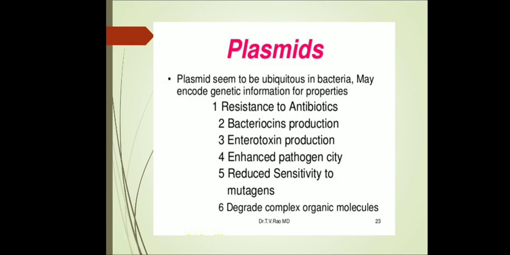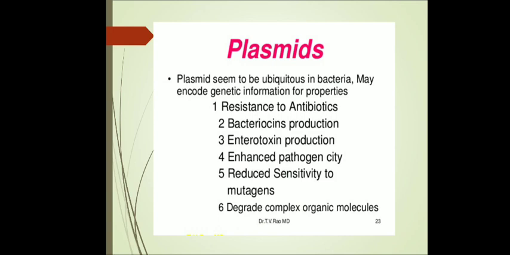The second function of plasmid is bacteriocin production. These plasmids help in the production of bacteriocin. Then it also produces different types of endotoxins or enterotoxins.